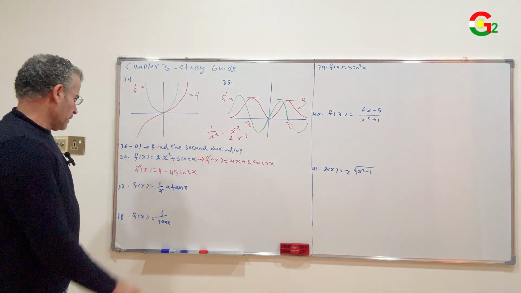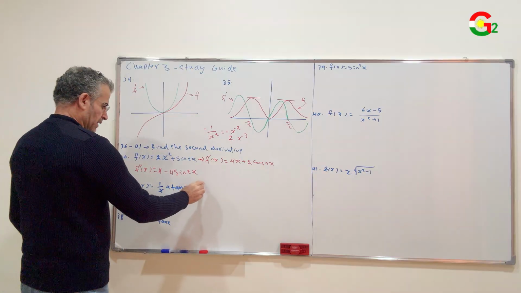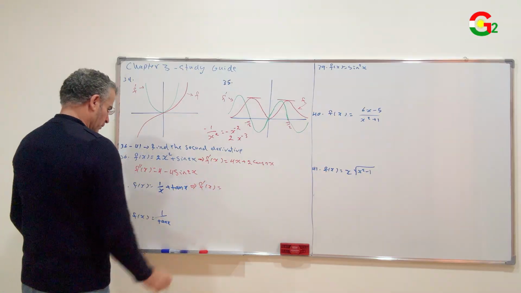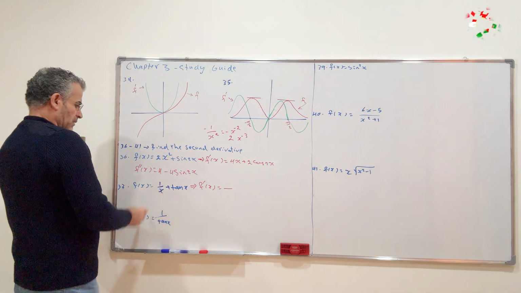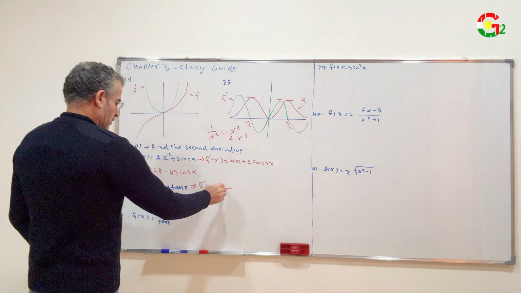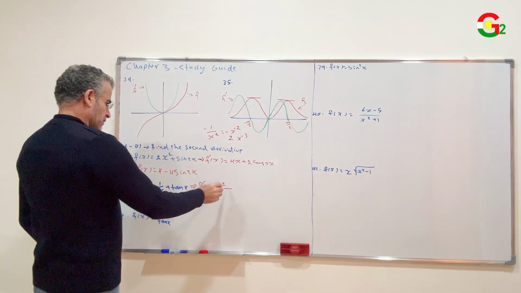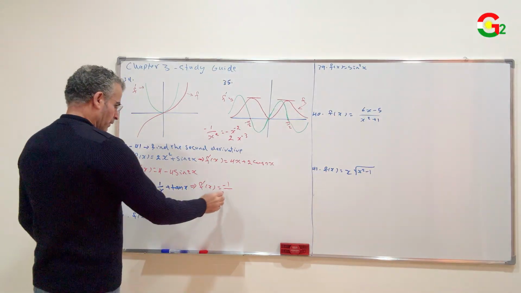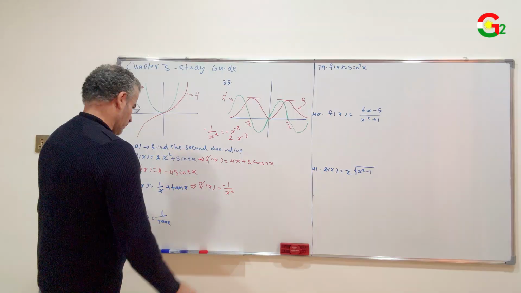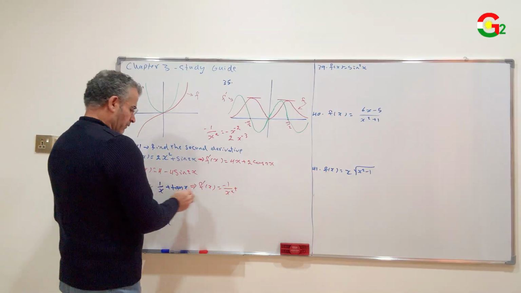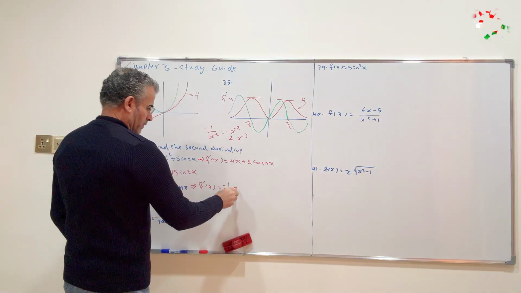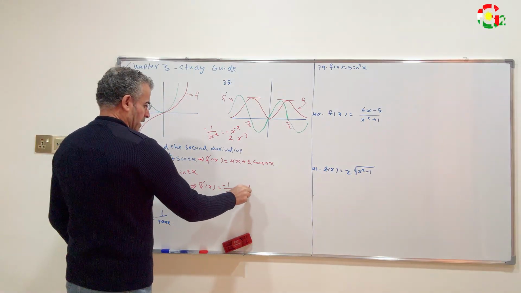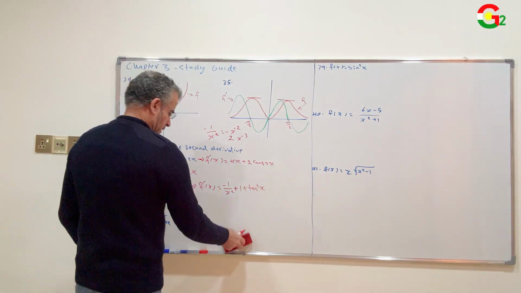Number 37. The first derivative f prime of x equals the denominator times the derivative of the numerator, 0, minus the numerator 1 times the derivative of the denominator, 1, over denominator squared, plus the derivative of tan, 1 plus tan square x.